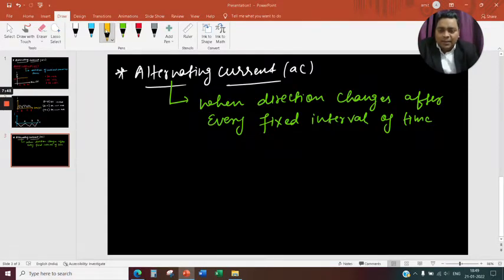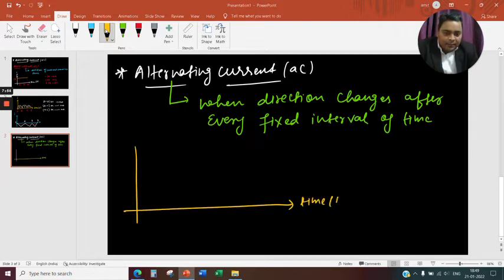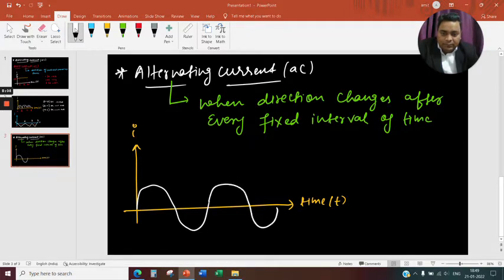For example, suppose at x-axis I am taking time t. On the y-axis I have taken current I here. And we are getting this type of graph. And let 0 second, let this time is 1 second, 2 second, 3 second, and 4 second.